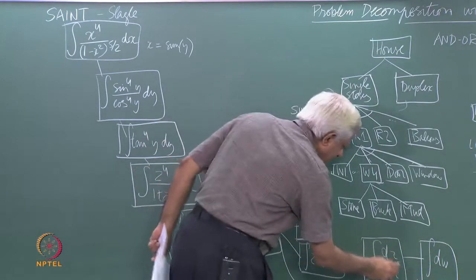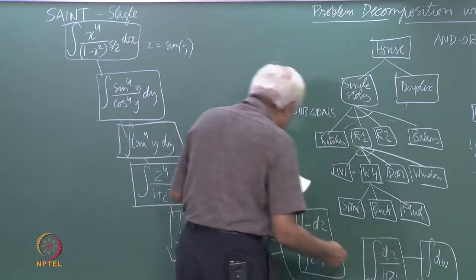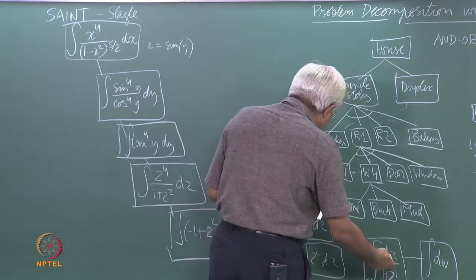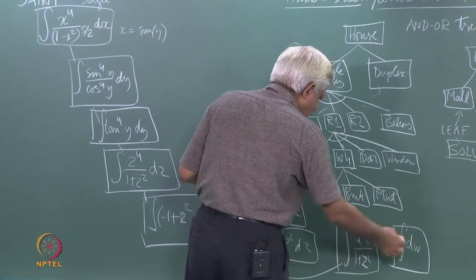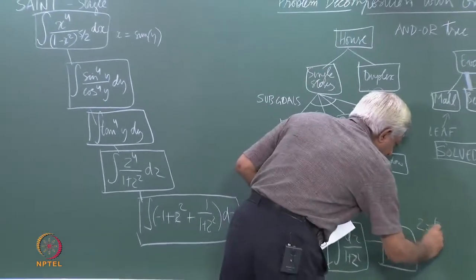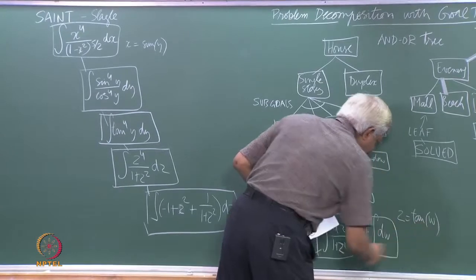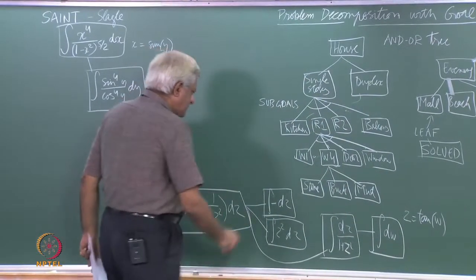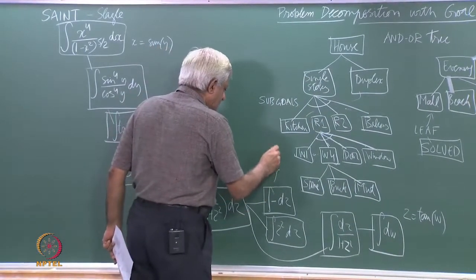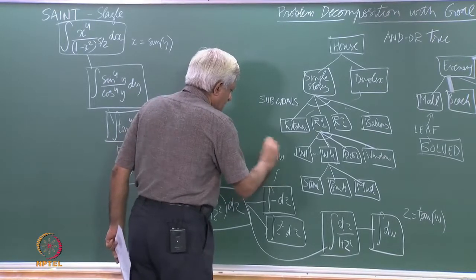So, notice that here we have replaced something like z is equal to tan w. So, let me write it here and transformed into this, and likewise this can get transformed into dw.